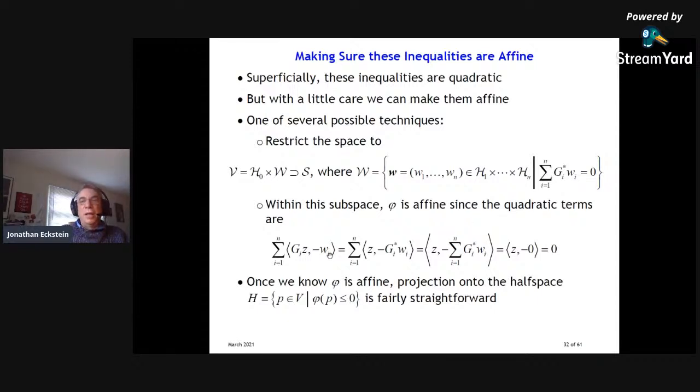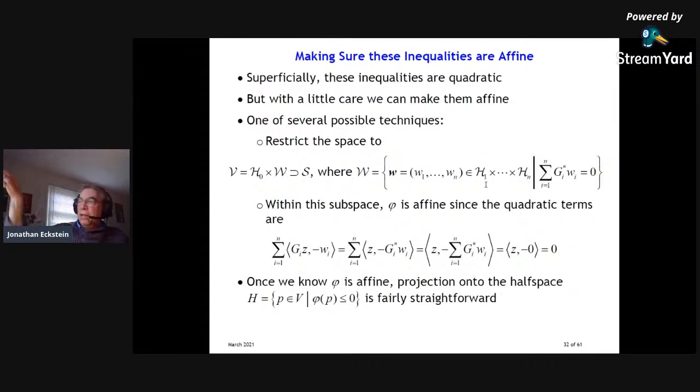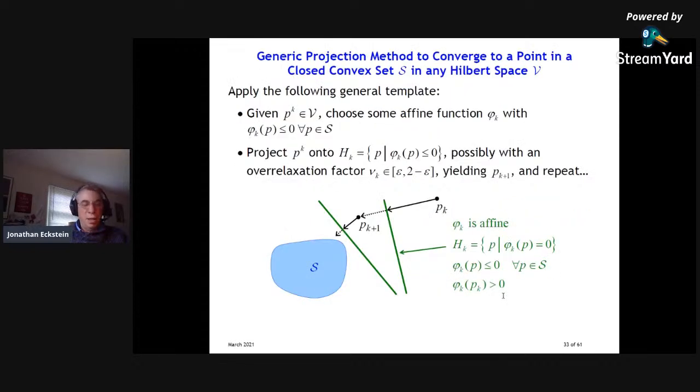Then on that subspace all those cross terms in this quadratic-looking function have to be 0. So we actually have an affine function, a half space, a convex set, and projecting onto that is easy.